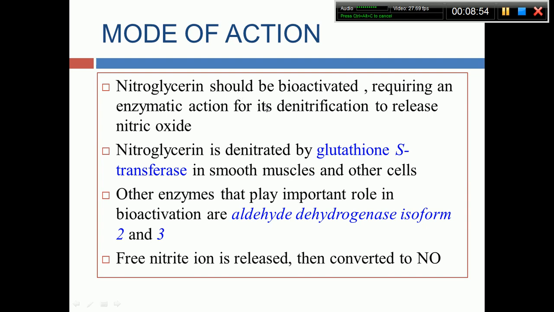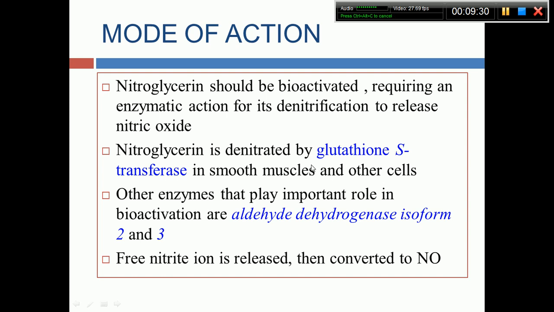From our discussion back in drug metabolism, we discussed four purposes of drug metabolism, and one was bioactivation of prodrugs. Without bioactivation, many drugs cannot act. Nitroglycerin, nitrates, and nitrites are among those, because they have to release nitric oxide.